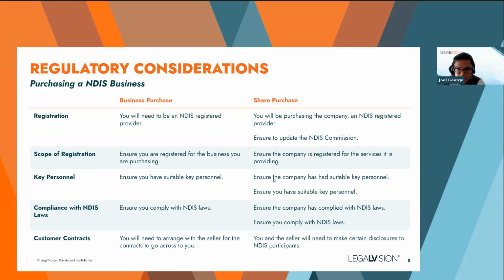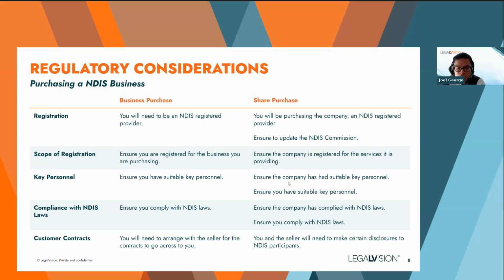But that's business purchase. In the rightmost column are really what you need to look out for if you are purchasing the shares in an existing company. So that's really what you're doing. There's an existing NDIS registered provider, and you are buying the shares and taking over as owner of that company.